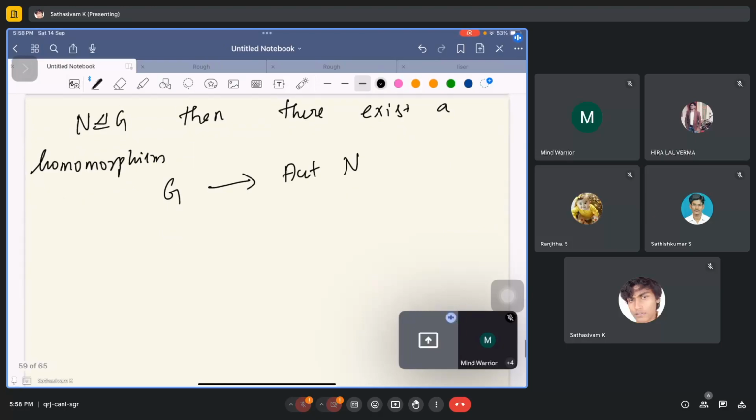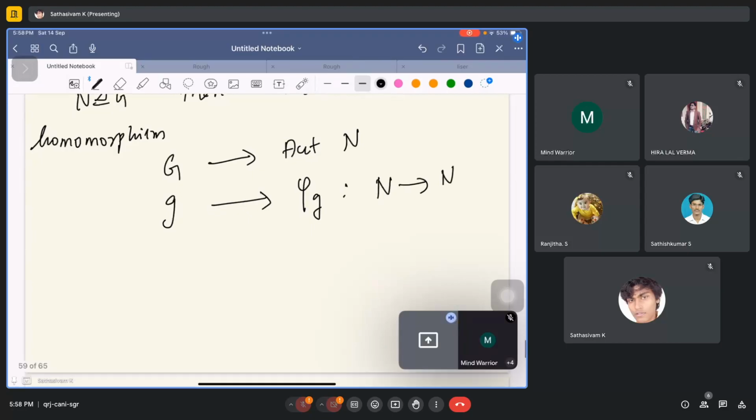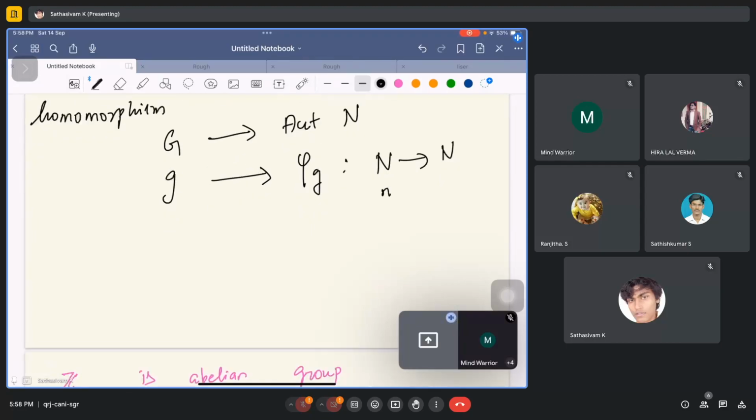How it works is that you take a g and you map it to, let's say, phi g. What is phi g? Phi g is a map from N to N. It is an automorphism. It takes n to g n g inverse.